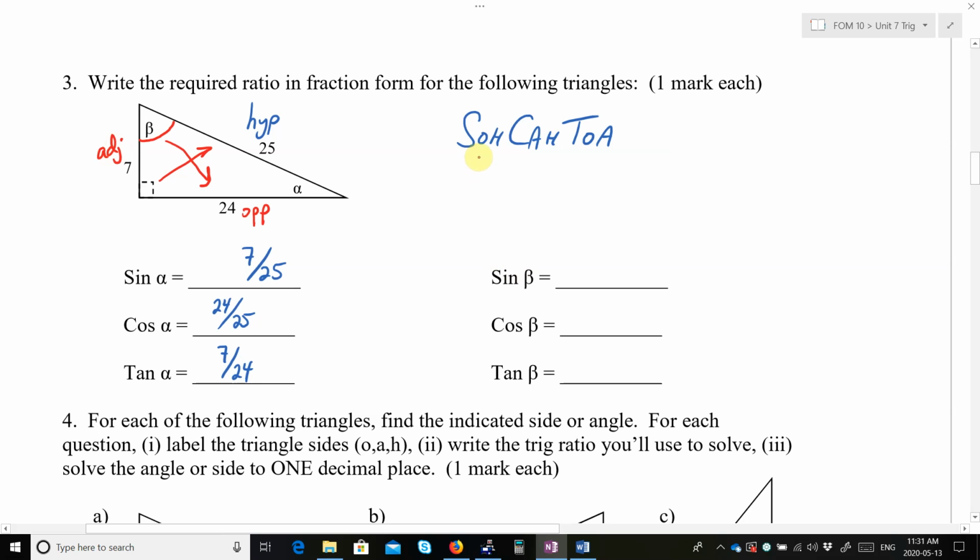So sine of beta, opposite over hypotenuse, is 24 over 25. Cos beta, adjacent over hypotenuse, is 7 over 25. And tan beta, opposite over adjacent, is 24 over 7.